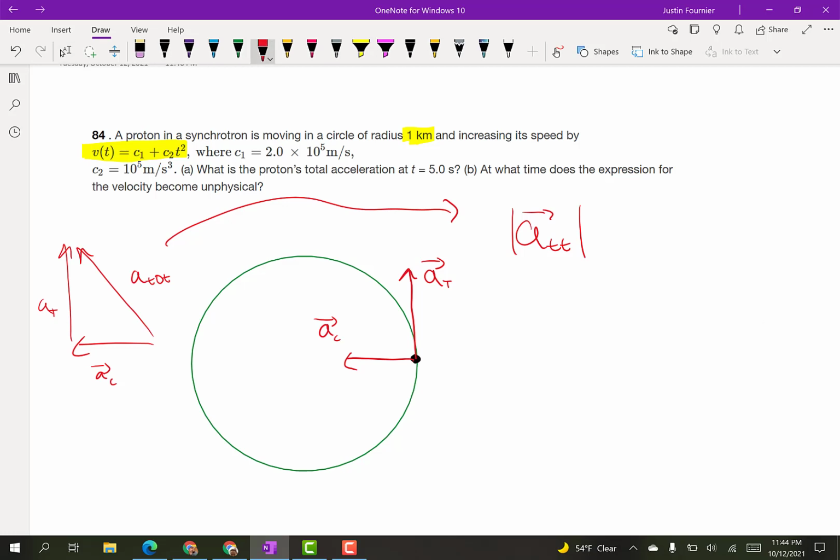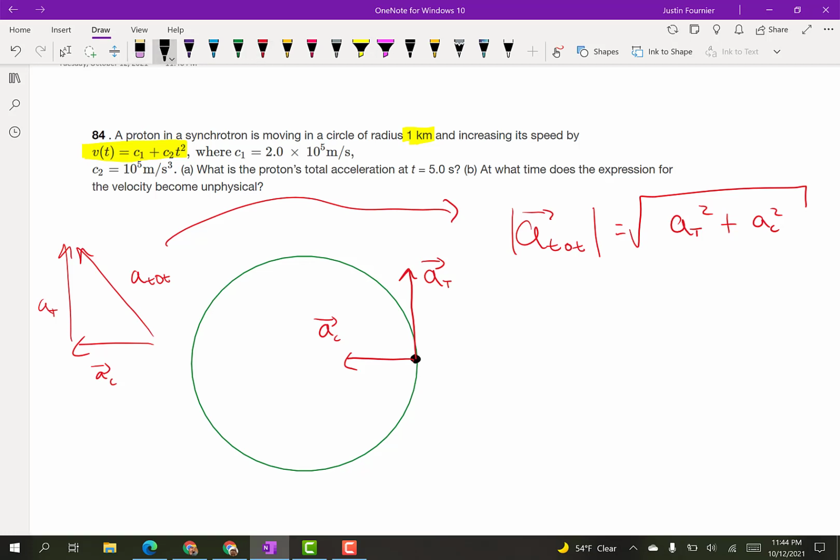If it's the magnitude, I would just get the total using this. So Pythagorean theorem, it'd be the tangential squared plus the centripetal squared. But I could also show you how if I find the acceleration using bracket notation. So I'm going to assume that they say total acceleration. I could just use bracket notation. So maybe I don't need to use the Pythagorean theorem. But anyway, okay, let's get into this.